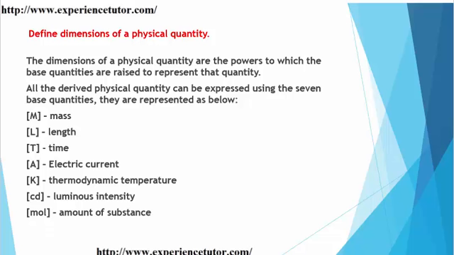They are represented as below: mass, length, time, electric current, thermodynamic temperature, luminous intensity, amount of substance. Here, M stands for mass, L stands for length, T stands for time, A stands for ampere, K stands for Kelvin, CD stands for candela, MOL stands for mole.